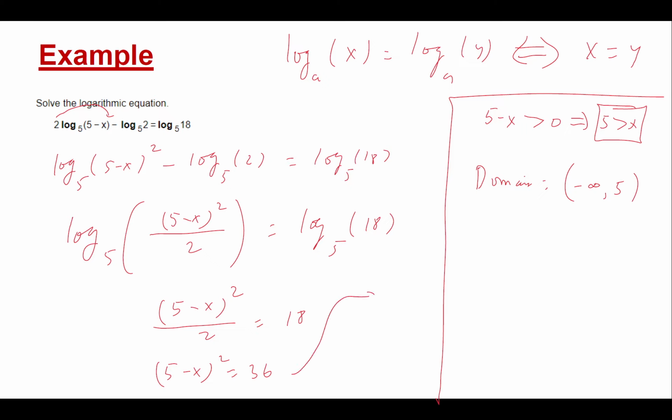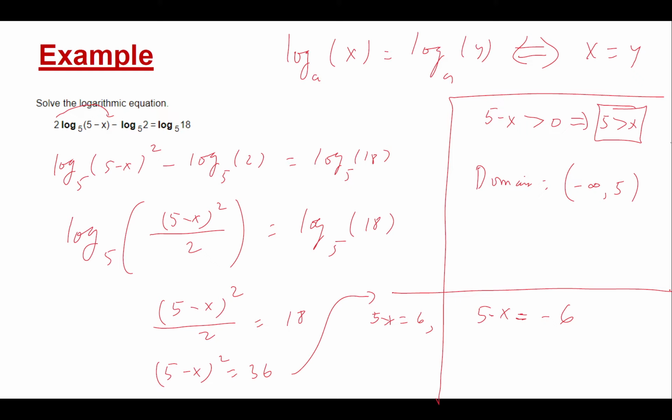And now by using the square root property, 5 minus x is equal to positive 6. Because if you take the square root, 5 minus x has to be plus and minus the square root of 36, which is positive 6. That's one of the options. And 5 minus x could be negative 6.